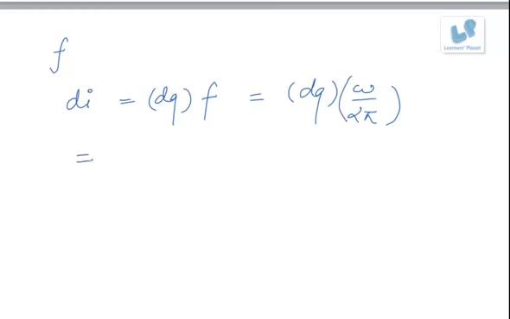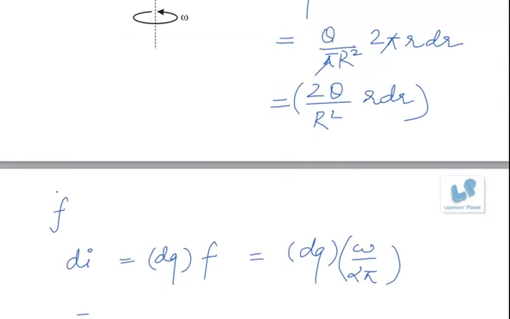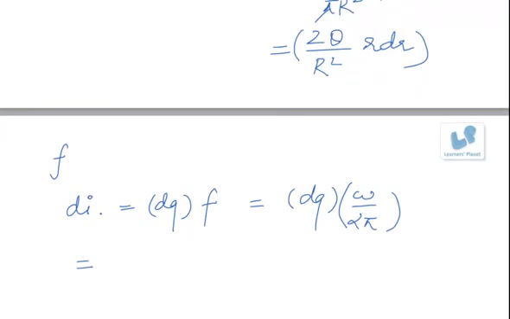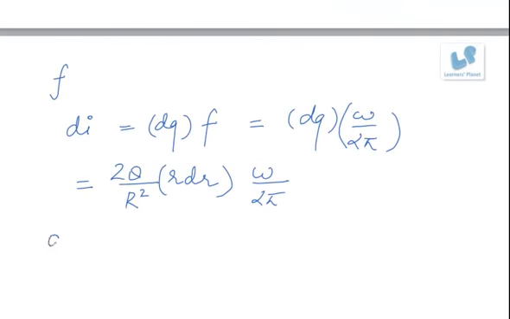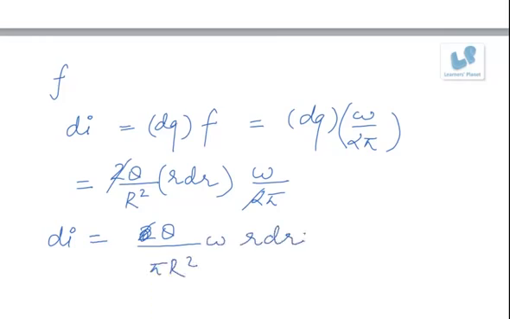If we substitute the value of dq here, we get 2q upon R square r dr times omega by 2 pi. Now this current di, the 2 will cancel out, is q upon pi R square omega r dr.